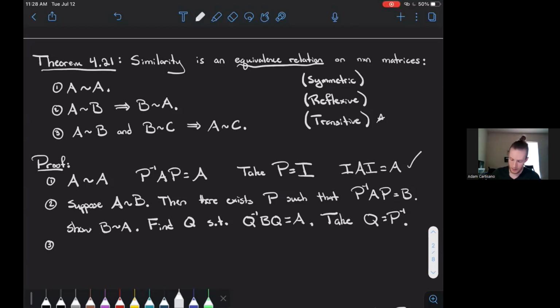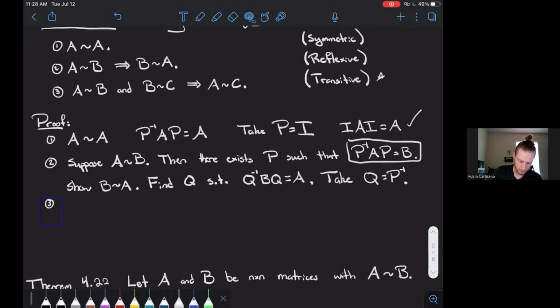When you do this, now just take the equation that we also know holds, and rewrite it by multiplying both sides on the left by P and on the right by P inverse. We write this as A equals P B P inverse, which is P inverse inverse B P inverse.